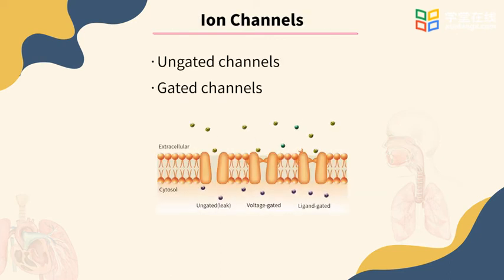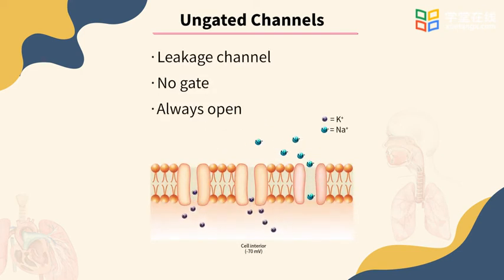Ion channels can be divided into two basic types: ungated channels and gated channels. Ungated channels allow cell leakage, so they are also called leakage channels. They have no gates, and they are always open. Leakage channels simply allow ions or water to move according to concentration gradients.